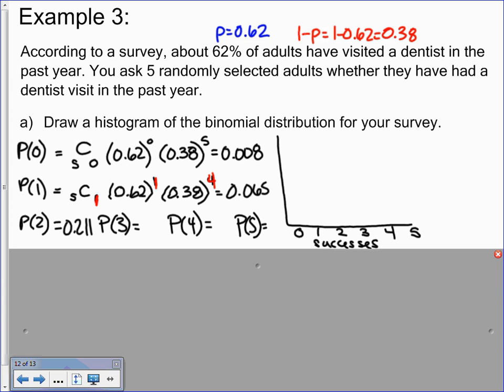I've got to do 3 successes and 2 failures. 4 successes and 1 failure. And 5 successes and 0 failures.